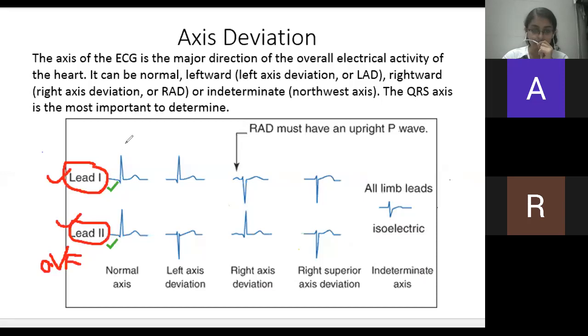So these are both in the same direction, that is up, and that is why it is normal. But sometimes you can see that R wave in lead 1 goes above and R wave in lead 2 goes downwards. That is, they are leaving each other. Leaving, so leave is L, that is left axis deviation.